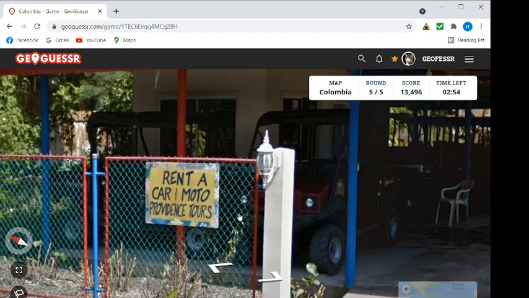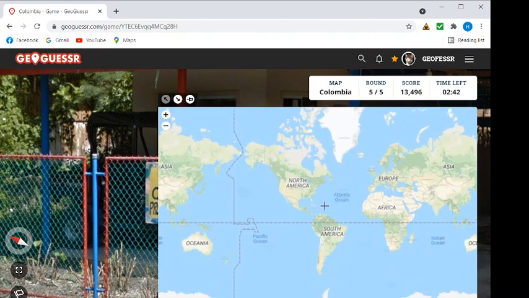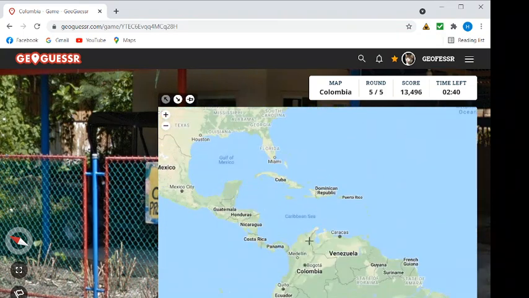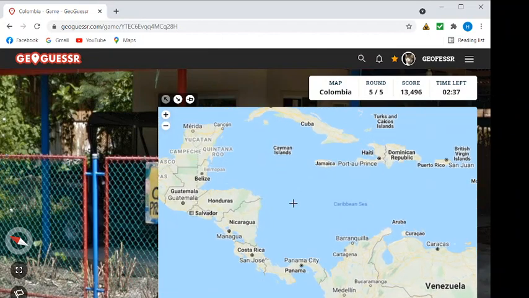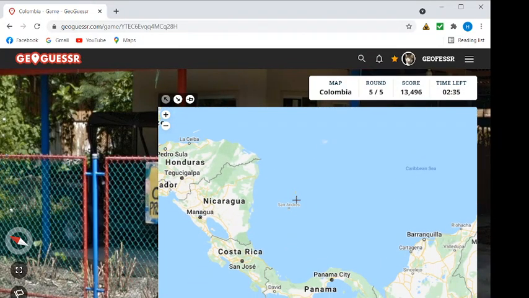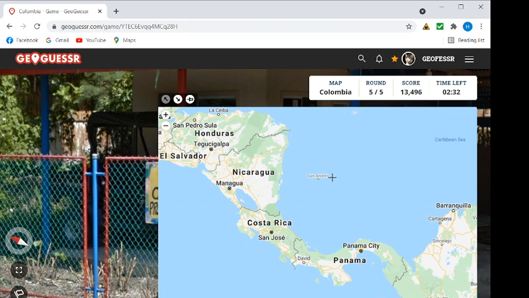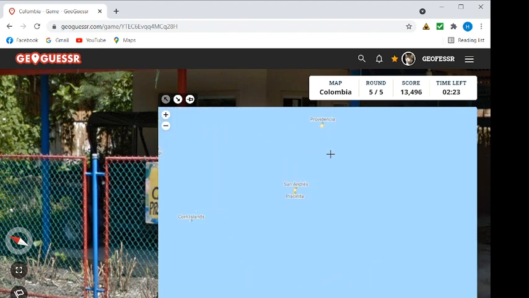Providence Tours. Okay, this sign is in English and it has this word Providence in it. Believe it or not, Colombia has an area that speaks English. It's a historical oddity, and the area in question is actually these islands off here, which you're surprised first of all that it's part of Colombia, but you can see here on the map we have San Andres marked here, and then north of that we have Providencia.